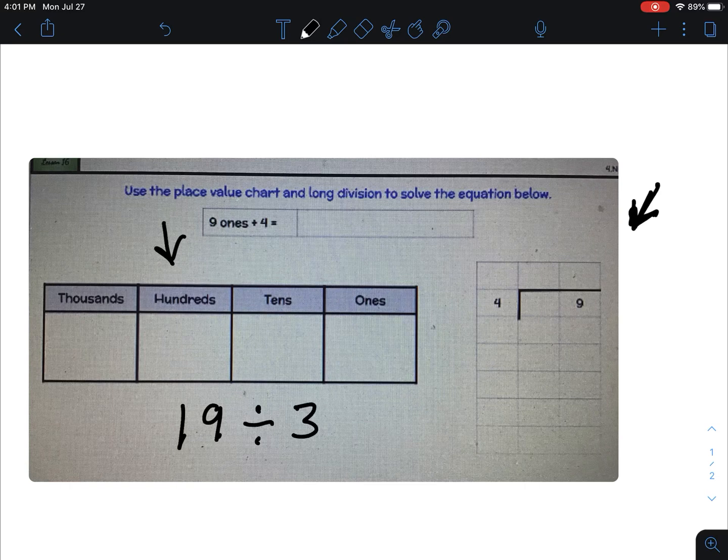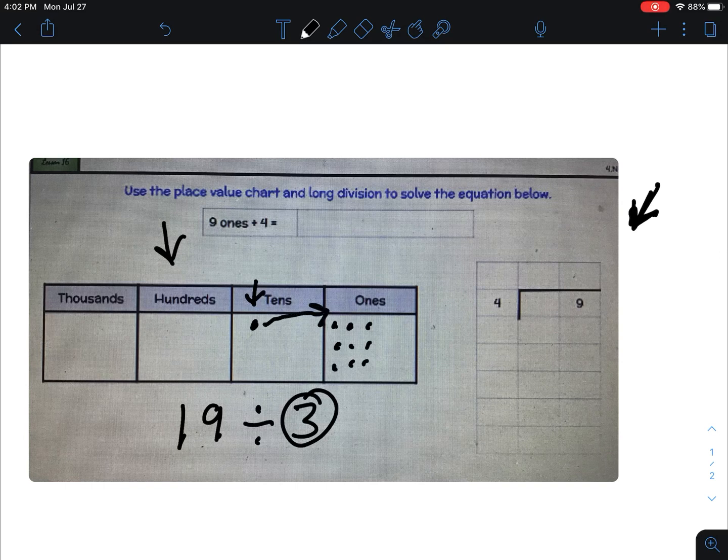Go ahead. All right, so I'll do place value discs first. So there's 9 ones, and there is 1 10. Okay. Now this is going to be a little tricky on the place value chart, because watch, I have to divide into 3 groups. Are there 3 10s?